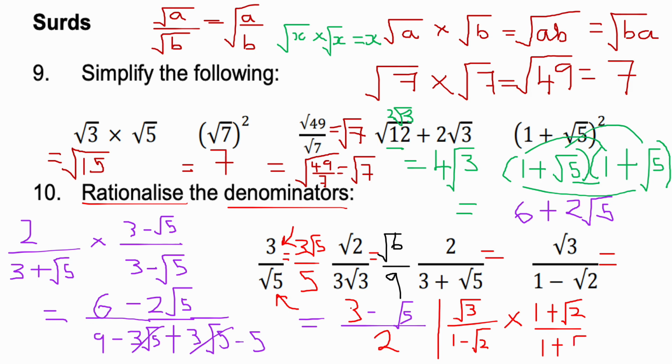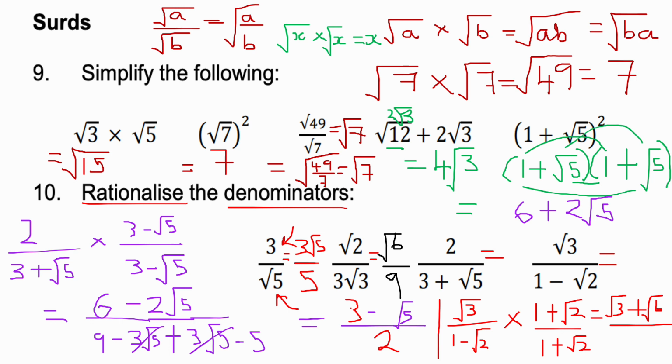If I just multiply the top and bottom by root 2, I would still have a surd. I multiply by its conjugate because on the denominator, I get the difference of two squares, which just leads to a number on the denominator, and no surd. Root 3 times 1 is root 3, and then root 3 times root 2 becomes root 6.